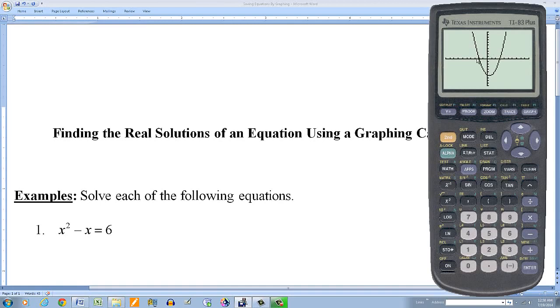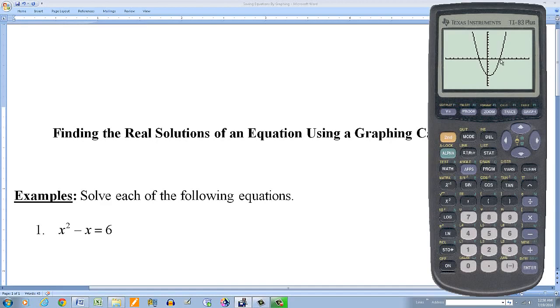So basically what we're going to do is find the zeros of this graph. The zeros simply represent the first components of the x-intercepts. You can see in this particular case that the graph crosses the x-axis at 1, 2, 3, 0.